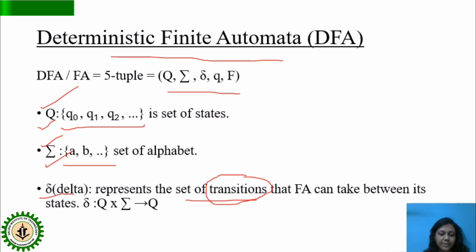Now this delta is represented by this symbol, and it represents the set of transitions that a finite automata can take between its states. It is further defined by delta: Q cross sigma gives Q. That means a state from the Q set, on giving an input alphabet, will give us another state.